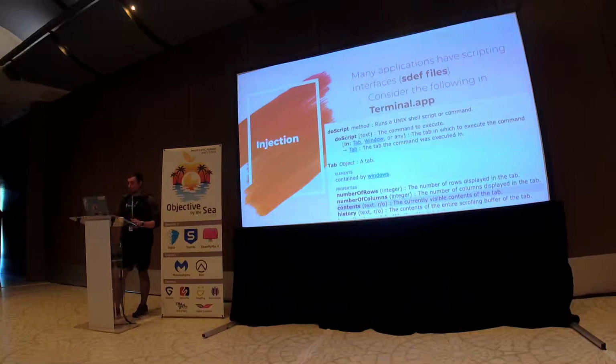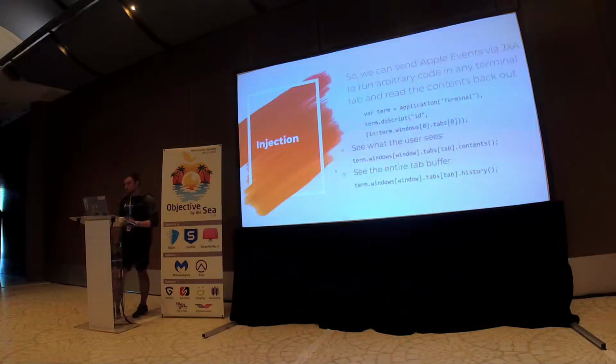So you can see here, not only can you say do this script, if Terminal.app is open, you can say, hey, in this terminal, in this tab, run this script. You can also say, hey, in this terminal, in this tab, show me everything that the user sees and show me the whole history for that tab. So you can get all this sort of information programmatically.